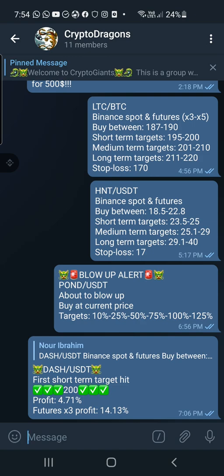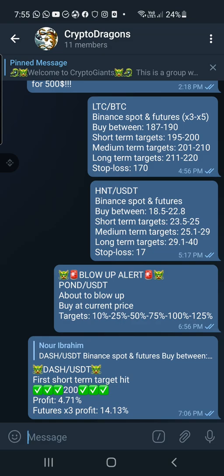For example, for HNT over here, the current price is 22.8, and if it goes down to 17, we will lose money. But if it goes to 17, it will have crossed that support line, and it can free fall all the way down to maybe 10, maybe 12, until the next support line, which I do not remember. So that is what a stop loss is.